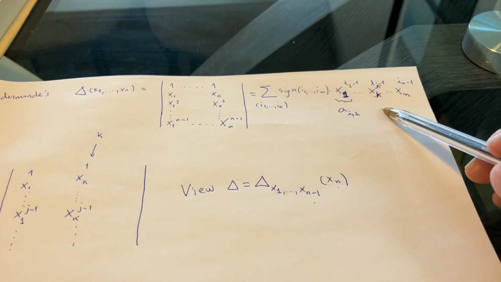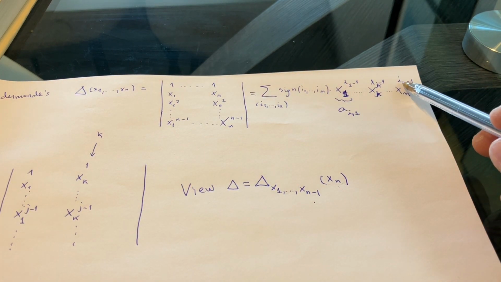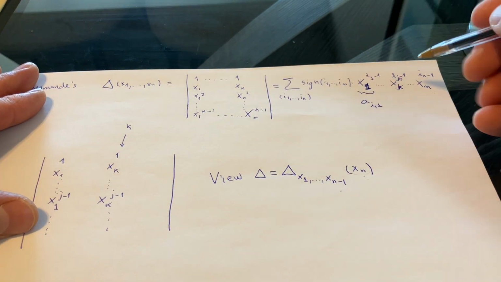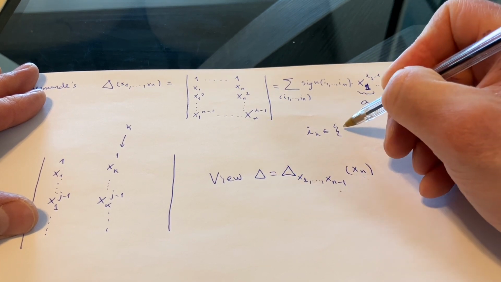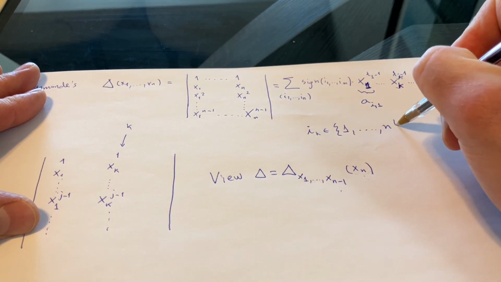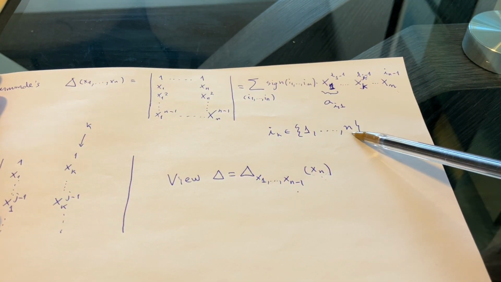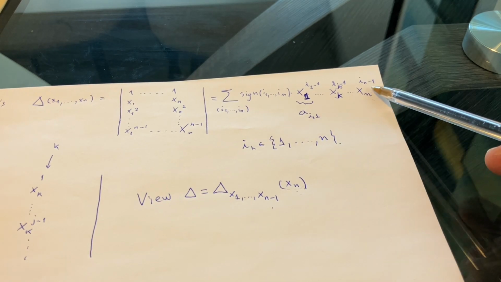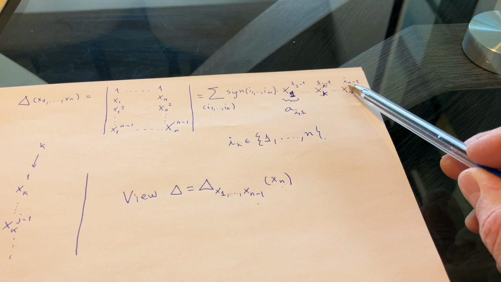Then what we have here actually is a polynomial in xn. And this polynomial has exactly degree n minus 1. Remember that the indices ik belong in the set of indices 1 to n down there. Okay? So the highest index is actually n. All right, so this is a polynomial in xn of degree n minus 1.